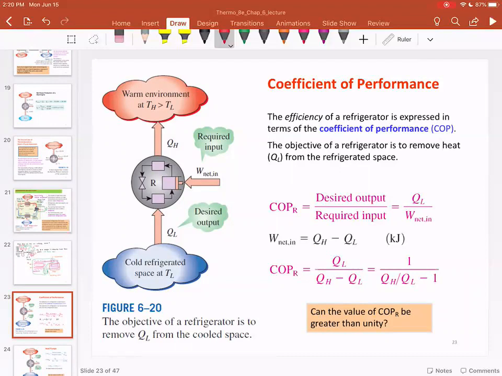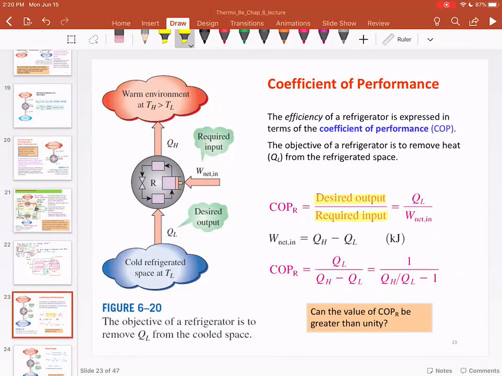And what is coefficient of performance? The simple definition is desired output divided by required input. In the case of refrigerators, we are focusing on absorbing heat.